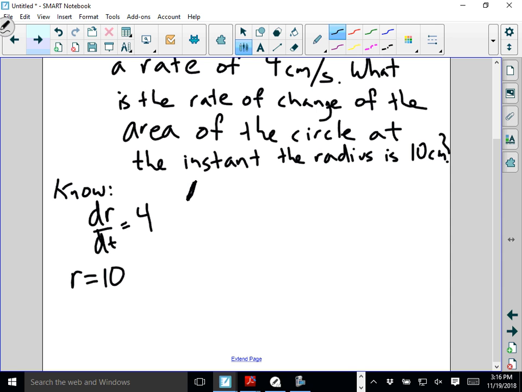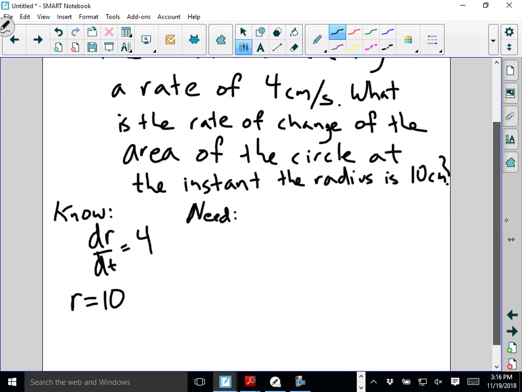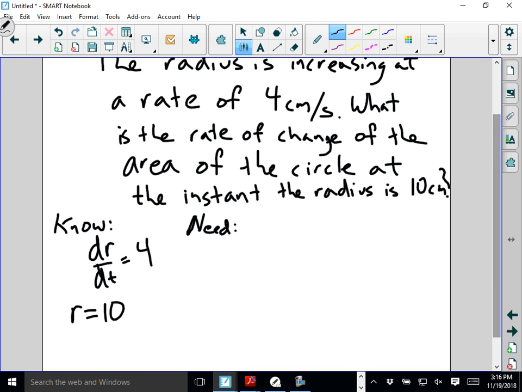Now I need to look at what I need. So look for the question word, and that'll usually help you. The question is: what is the rate of change of the area? So what I need here is the rate of change of area. I don't need the area itself, right? That would be a very 8th grade question. The area of the circle when the radius is 10 would be 100 pi.